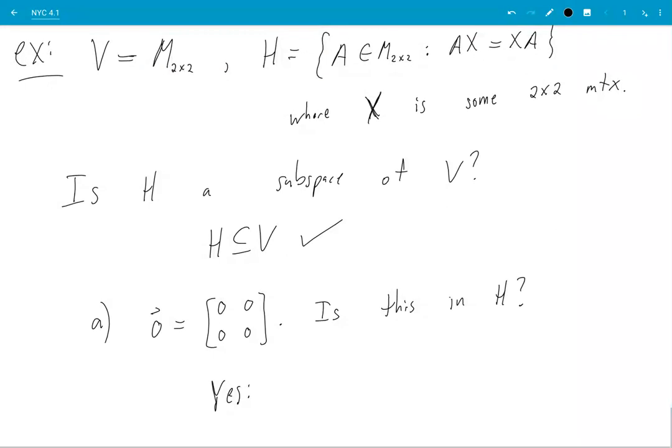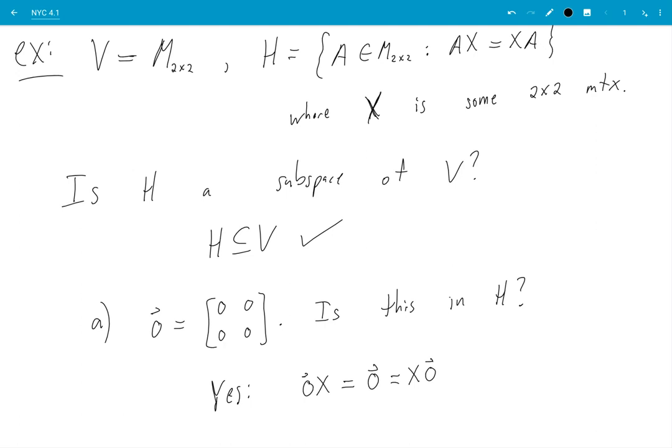So what's this equation? I have to say 0 vector times X is, well, what is that? Well, that's just 0 vector, right? When I write 0 vector here, what I mean is this 2 by 2 zero matrix. And then the 0 vector, that's the same thing as X times the 0 vector, right?